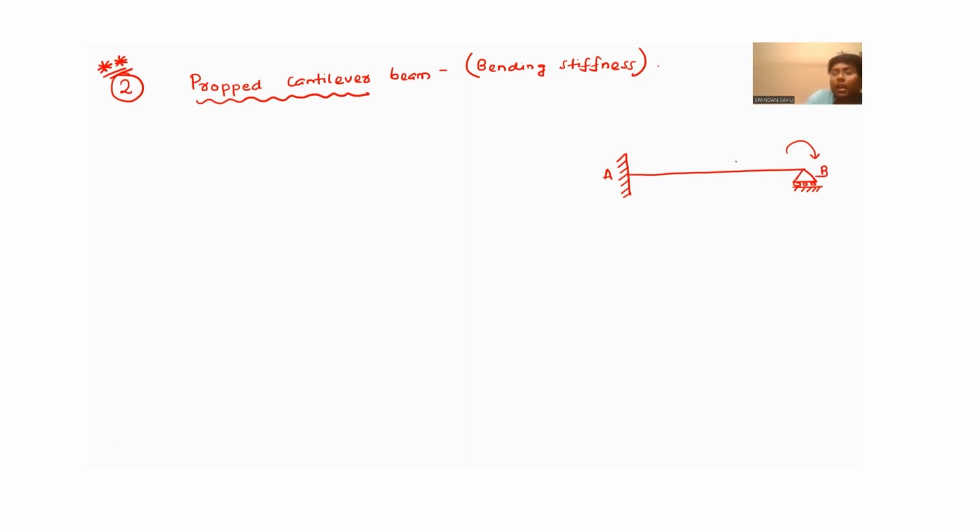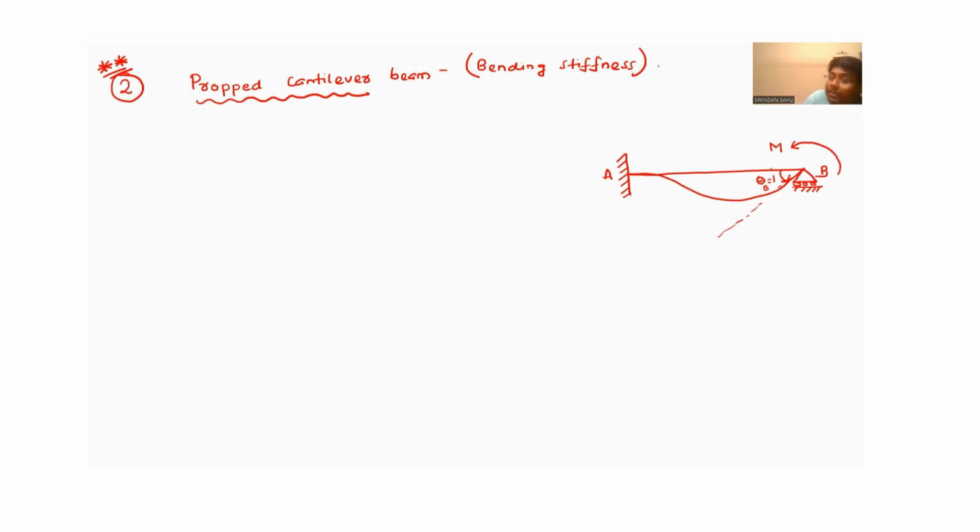Here you apply one moment M at joint B such that your elastic curve will look something like this. Now, to determine the bending stiffness, the statement says your displacement should be equal to 1.